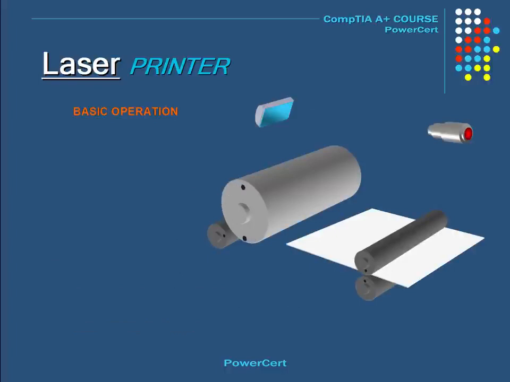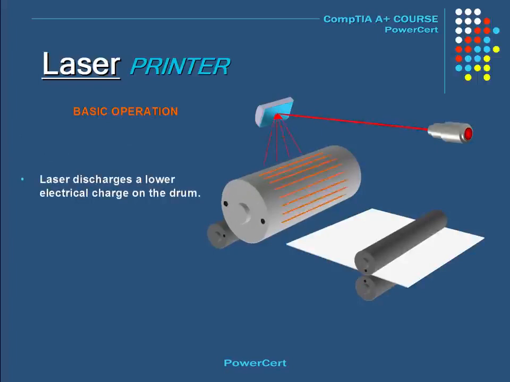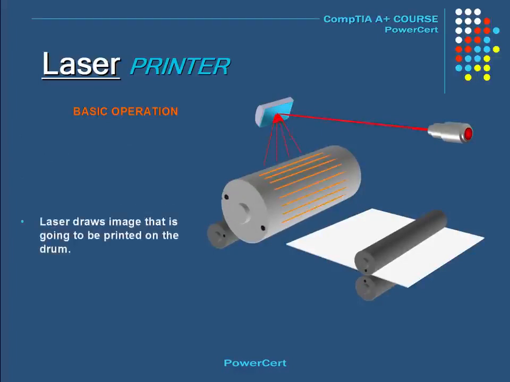A laser printer basically works by placing an electric charge on a rotating drum. Then a laser discharges a lower electrical charge on the drum. So basically, the laser draws the image that is going to be printed on the drum itself.